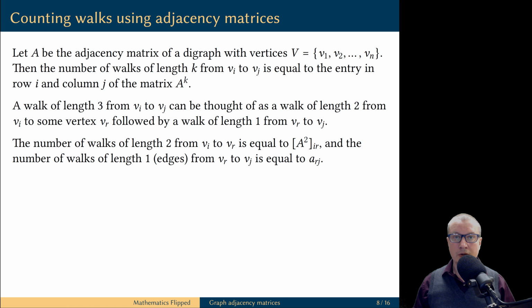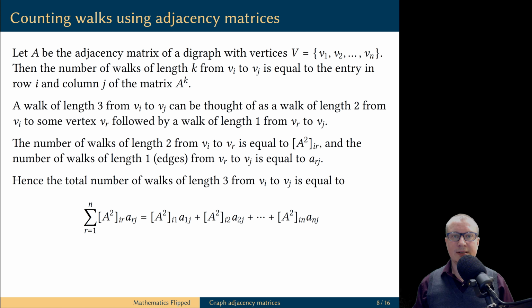But we already know how to count walks of length 2. The number of such walks from Vi to Vr is equal to the entry in row i, column r, of the matrix A squared. Also, the number of walks of length 1 from Vr to Vj is equal to the entry in row r, column j, of the adjacency matrix A.